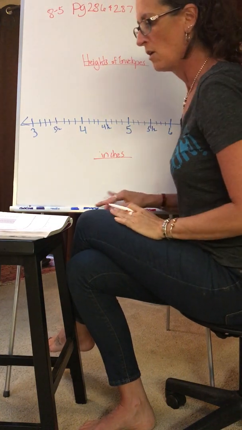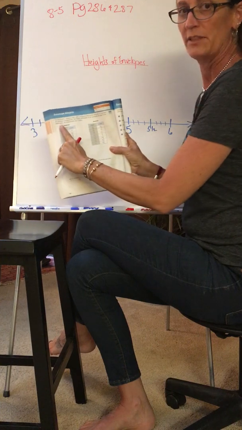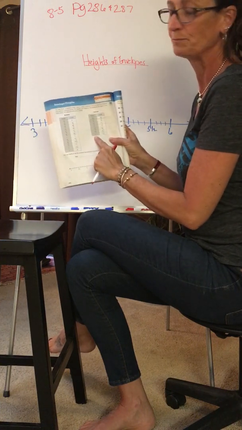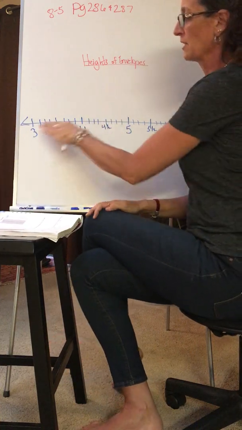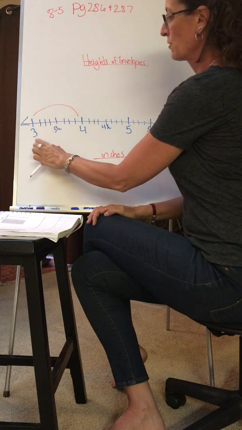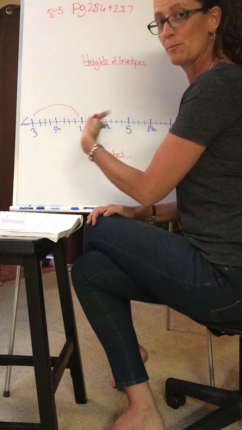That means I'm going to have to take all the data from the table for the height for the business, and the height for the personal. Before I even start, I just want to look at my line. I notice the interval from 3 to 4, what is it broken up into?